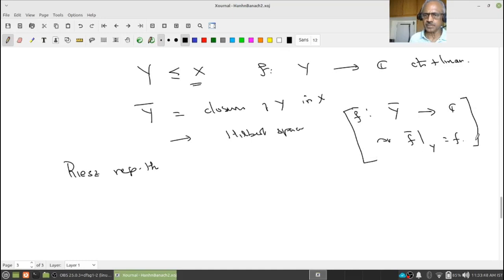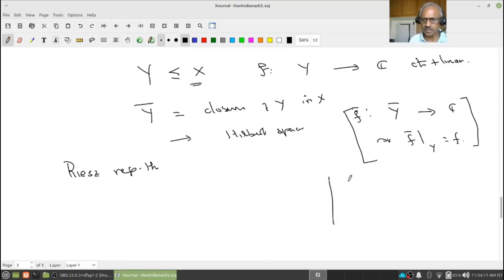I will come to that in a minute. Therefore f bar becomes a continuous linear functional. How did I do that? This is just what we did in the first case. Since Y is dense in its closure, any continuous linear function on Y can be extended uniquely to a continuous linear functional on Y bar. That is done. But now I can use the Riesz representation theorem.